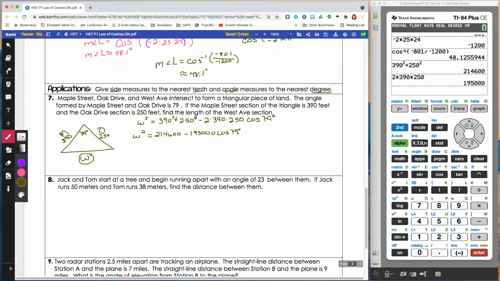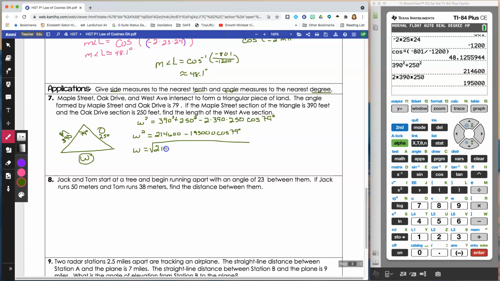All right, so here's what I want to do. I want to store some of these numbers. Actually, I'm just going to go ahead and type the numbers over again because I don't want to confuse you. All right, so we're going to find W. Well, W has to be the square root of this whole mess up here.